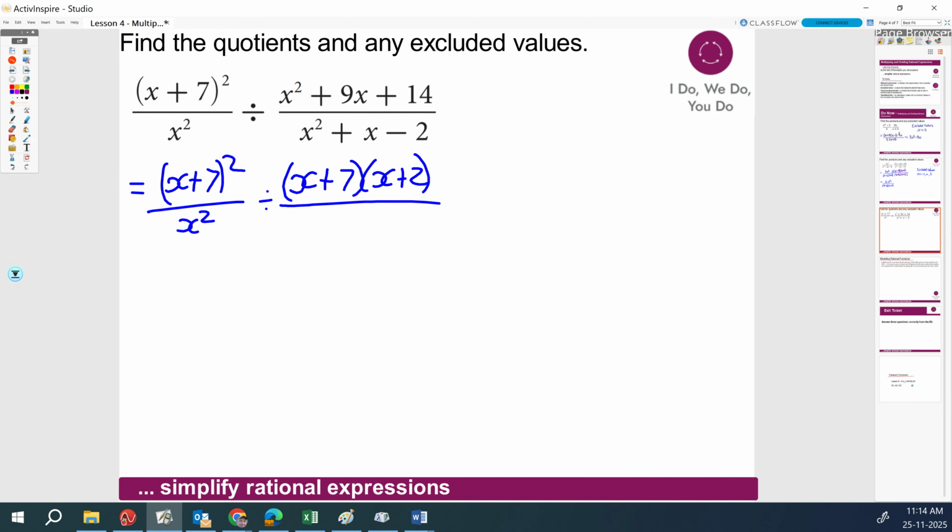And then to factor this one, we're going to get x plus 2, x minus 1. What we need to do at this point is start collecting our excluded values.